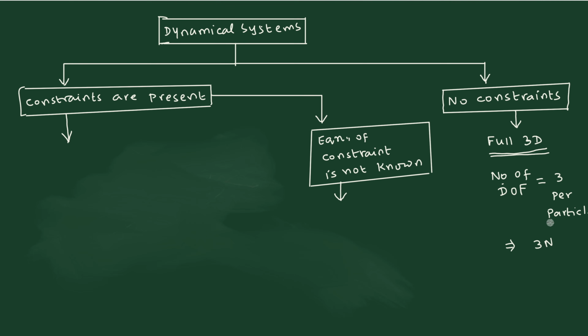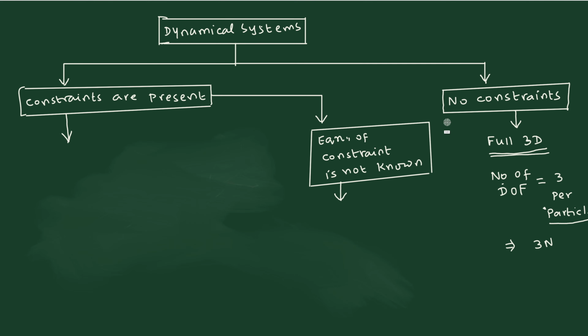And the word particle is very important. Okay, particle dynamics is different from rigid body dynamics. So that difference is there. You please remember this. I will explain when a suitable time comes. So it is per particle. If it is not a particle, then additional degrees of freedom have to be added to the system. So that point is to be noted down.